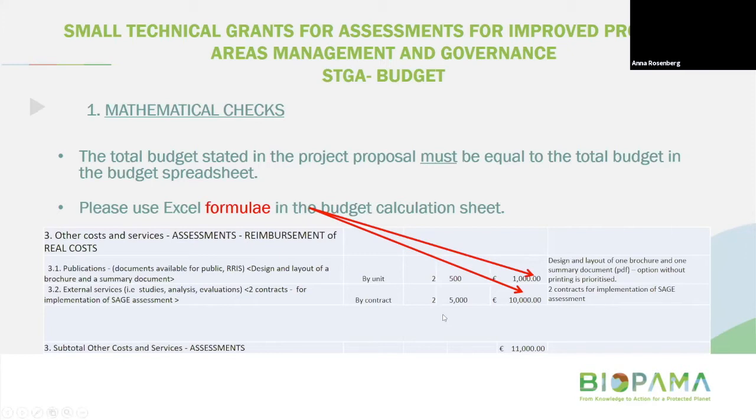You enter the number of units, you enter the unit price, and the formula calculates the total amount budgeted for this line, 10,000. The subtotal line also contains a formula. Please use it. Do not hard code the subtotals either.